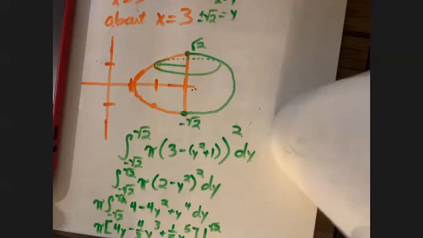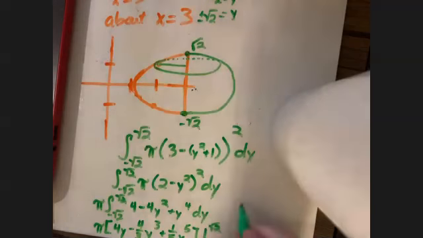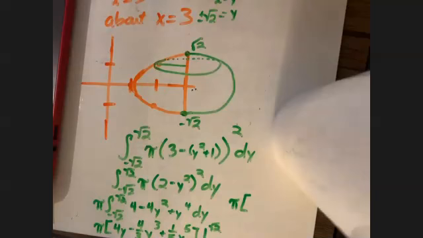Okay. So I'm going to, again, use a calculator to help me out here. So I've got pi times, okay.